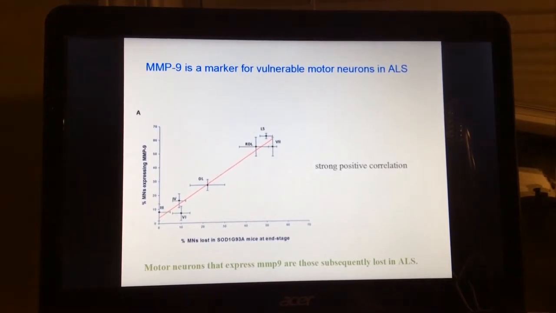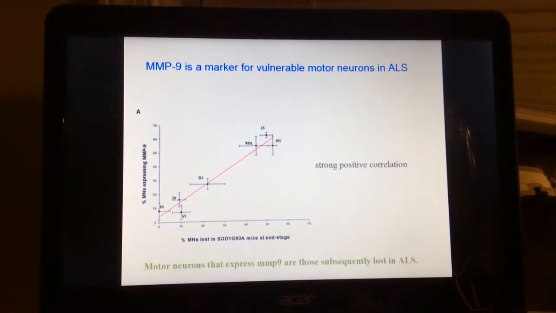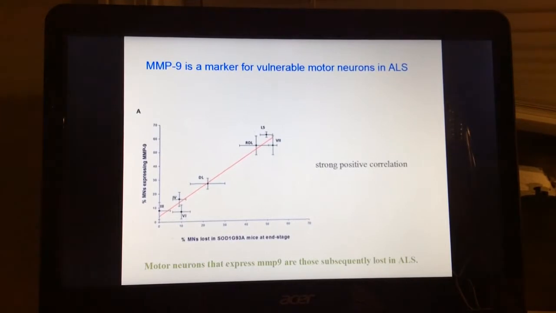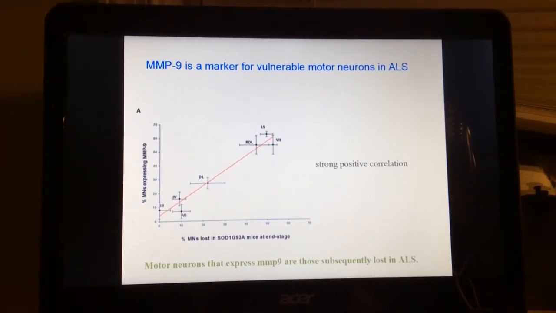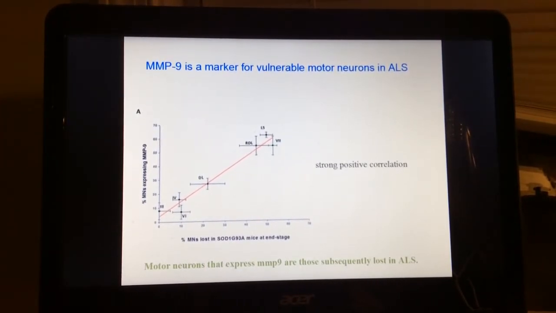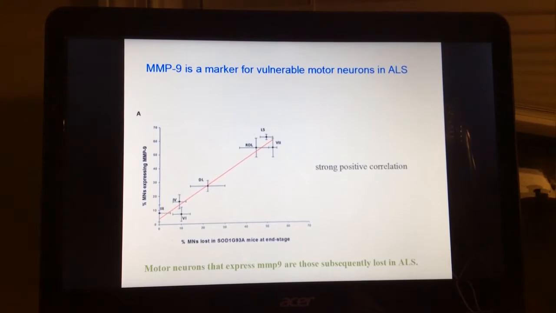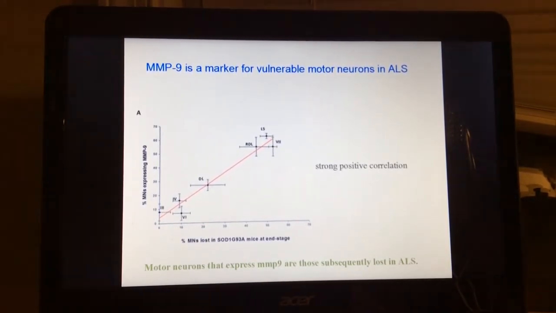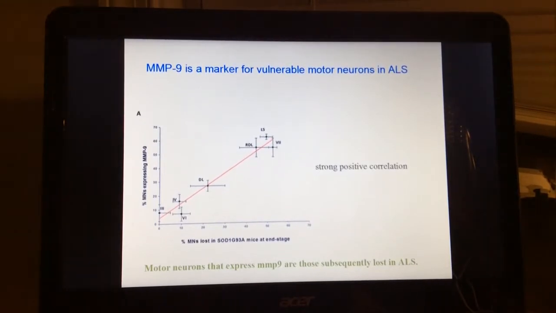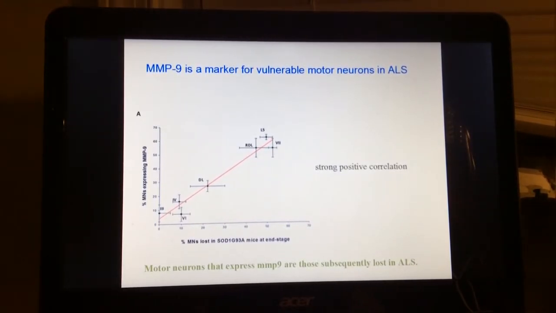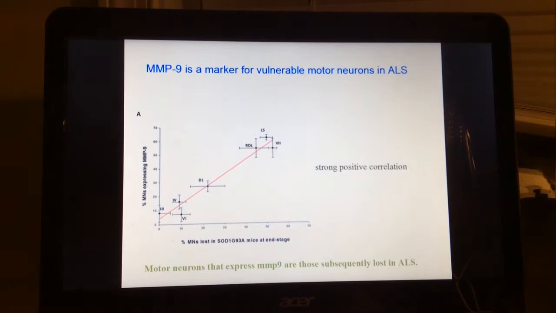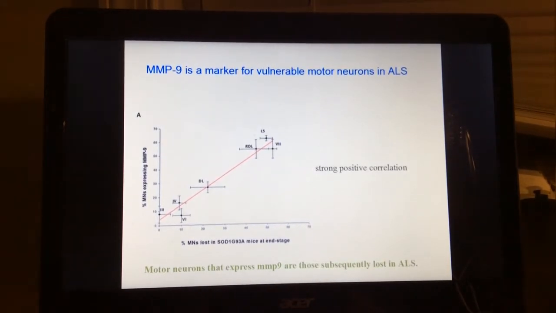And next, she wants to prove that MMP9 is a marker for vulnerable motor neurons in ALS. To test this, she used an animal model of ALS, SOD1 mice. She compared the percentage of motor neurons lost at the end stage to the percentage that expressed MMP9 in wild-type mice.